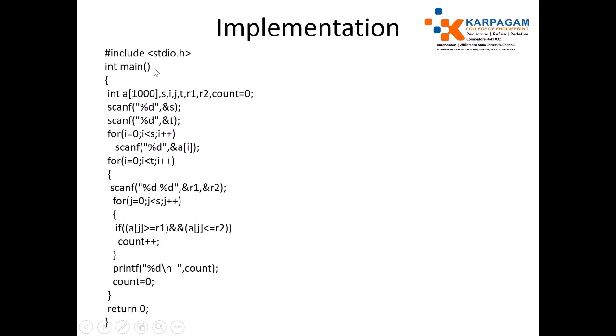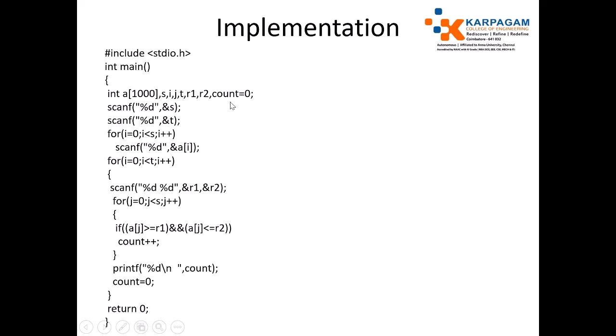Here you start with the header file, include stdio.h, and have an array. The largest size is mentioned in the constraint, and the size of the array and the number of queries, that is t. For looping purposes I used i and j variables. And r1 is the lowest range and r2 is the highest range.